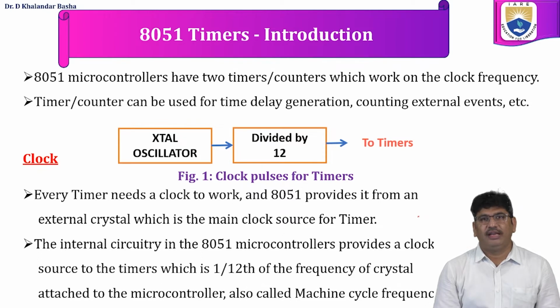Every timer needs a clock to work, and the 8051 provides it from a crystal oscillator which is external to the chip, the main clock source for the timer. The internal circuitry in the 8051 microcontroller provides a clock source to the timers which is 1/12 of the frequency of the crystal oscillator attached to the microcontroller, also called machine cycle frequency.